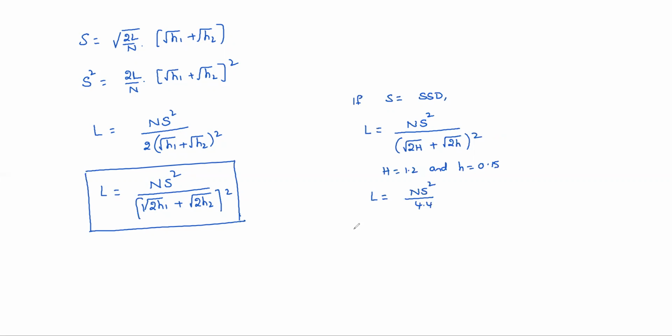Okay. Similarly, if S equal to OSD, vortex inside distance, or ISD, then L formula will be like this. nS square by root 2H plus again root 2 capital H only whole square, and H equal to 1.2 meters, then L equal to nS square by 9.6. Okay, clear?